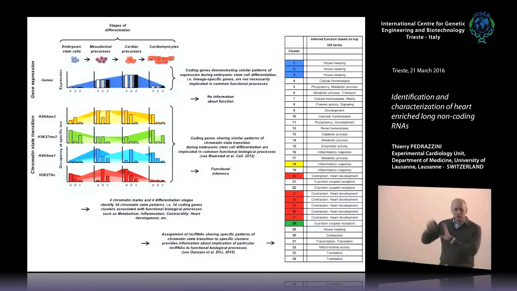So we thought that we could use this information and perform the same analysis for the transcripts we have identified, and then group the long non-coding RNA transcripts into different clusters. Since we know the function associated with each cluster, we can define a function for the long non-coding RNA transcripts.